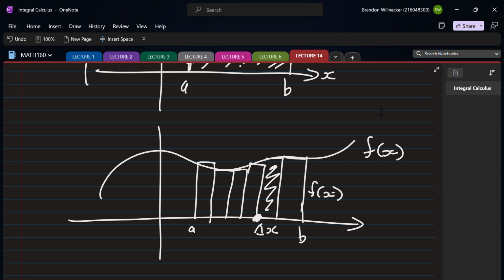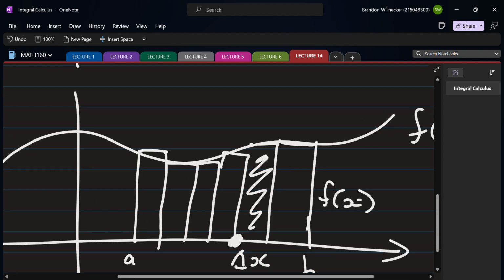But here we have a bit of a problem. I'll just zoom in here. If we have a finite number of rectangles, there's going to be some error in this area. So let's put that in red. Here we see this rectangle goes above the function, a little bit above. Over here, it goes a little bit below.